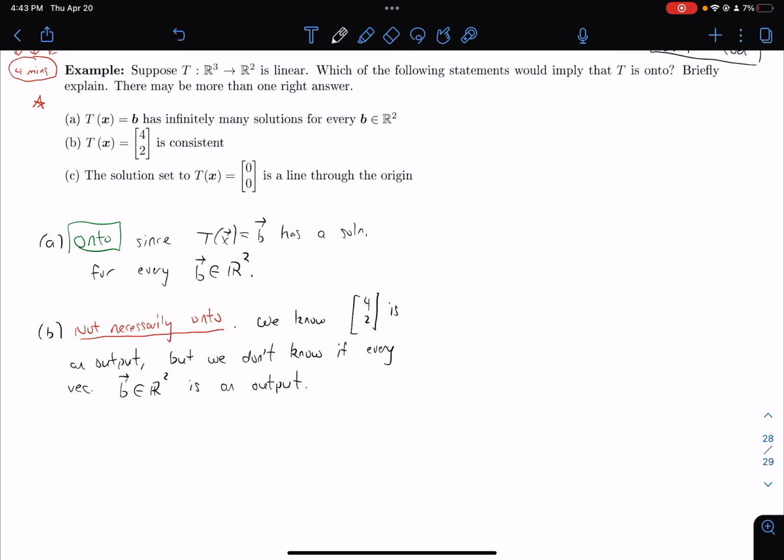Okay, and then finally we have part C. Part C: the solution set to the equation Tx equals 0 is a line through the origin.